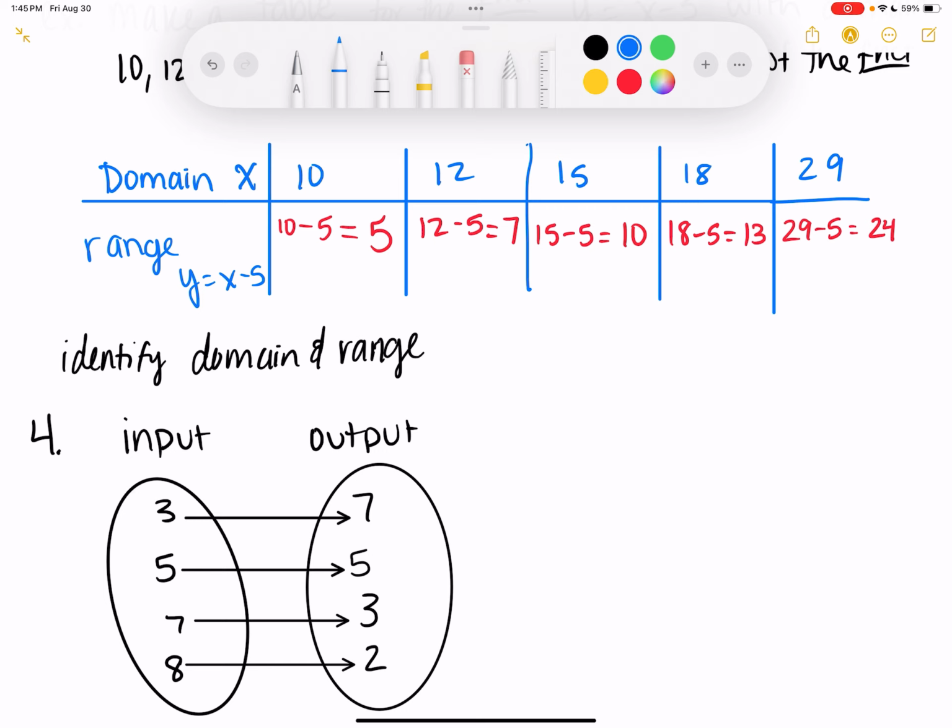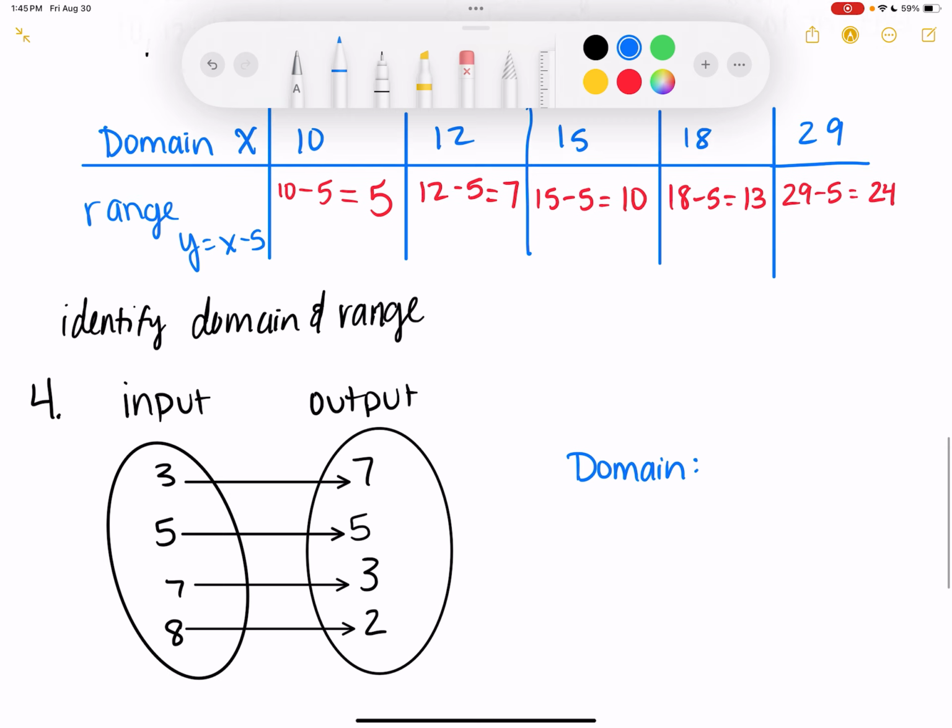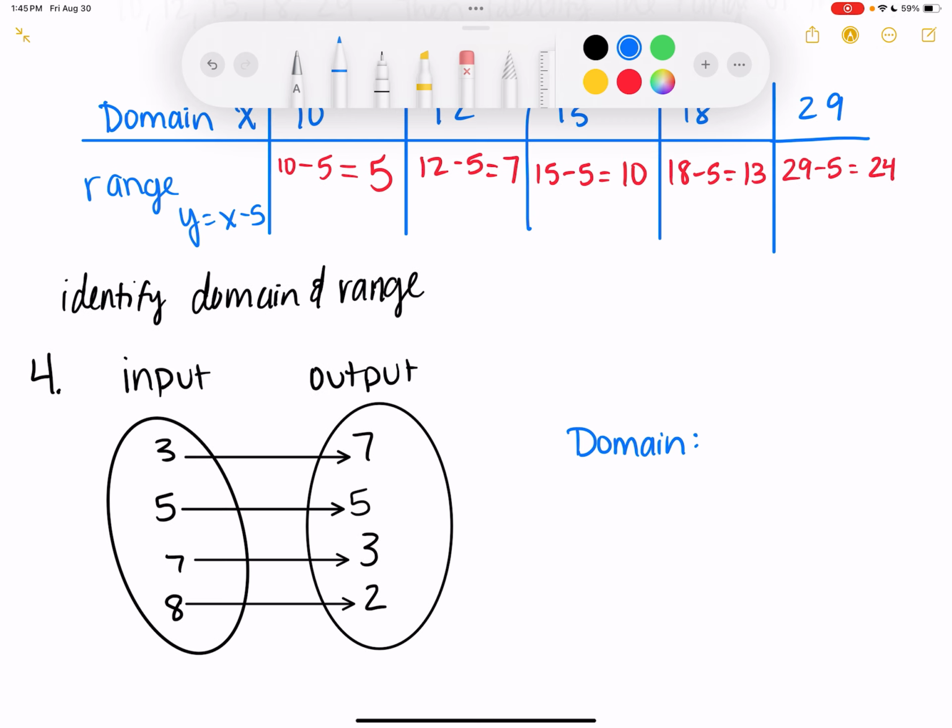So, based on that, what numbers make up my domain? Domain are what values? Somebody go back in the notes.